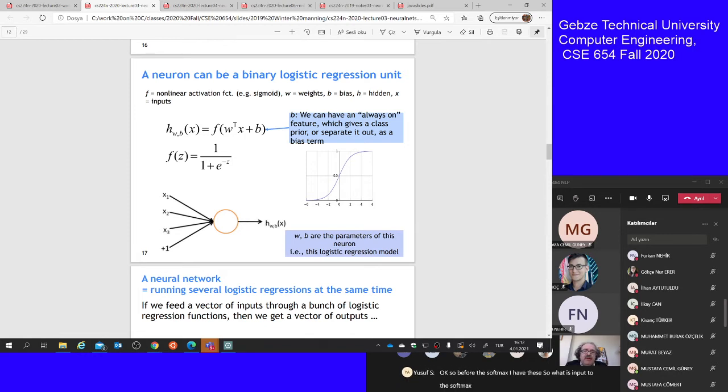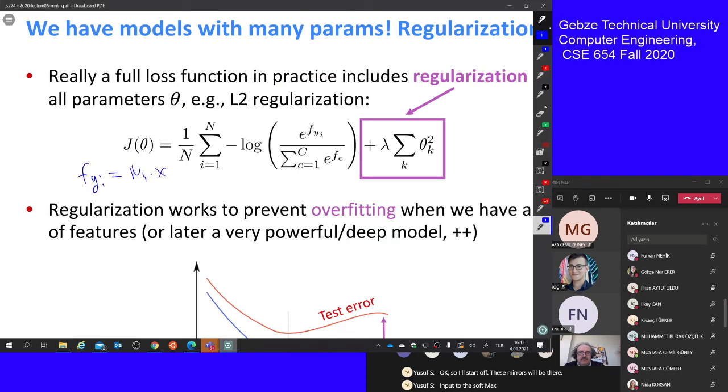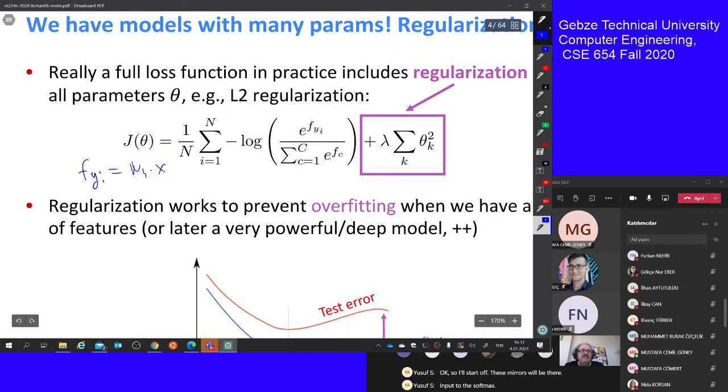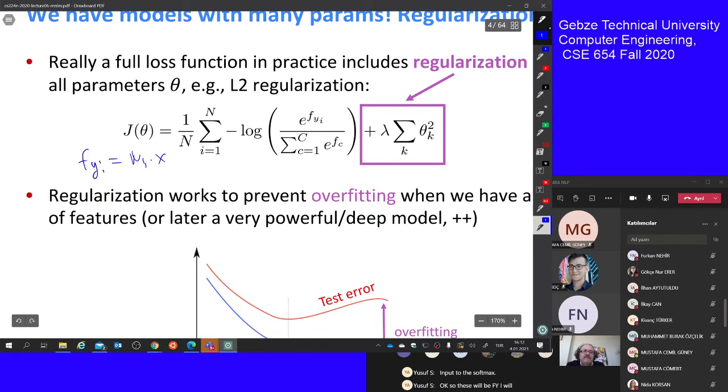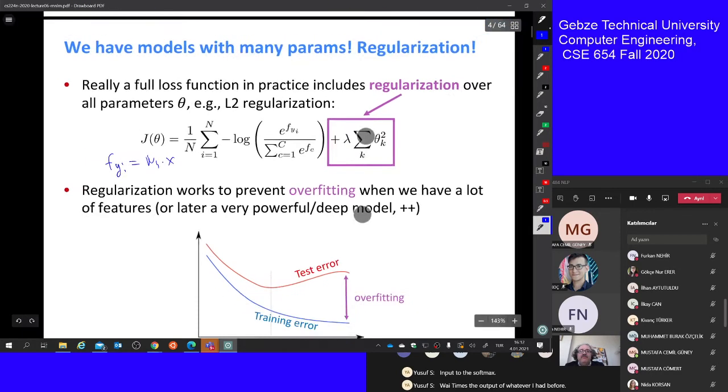So f_y will be W_y times the output of whatever I had before that layer.